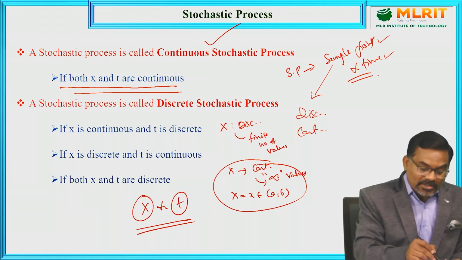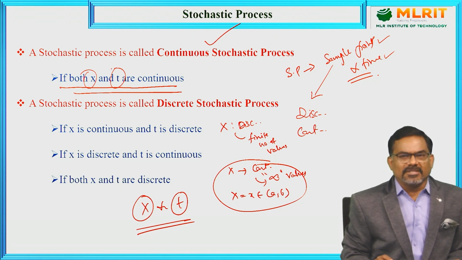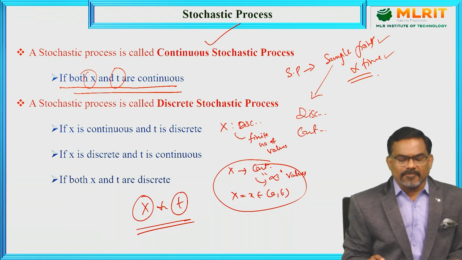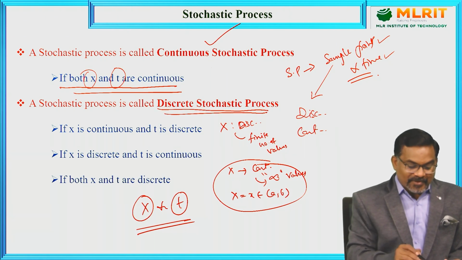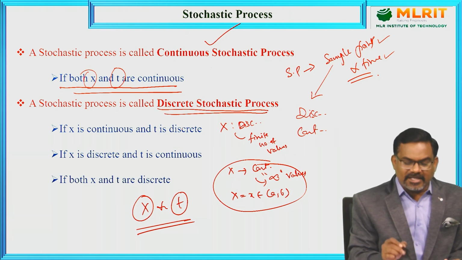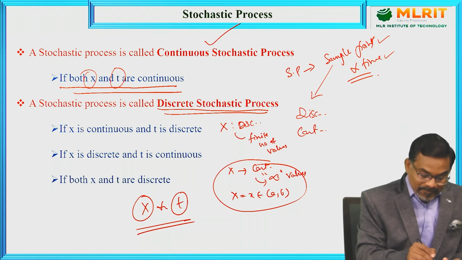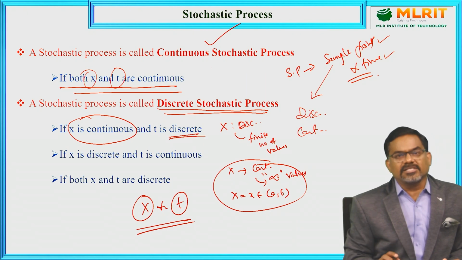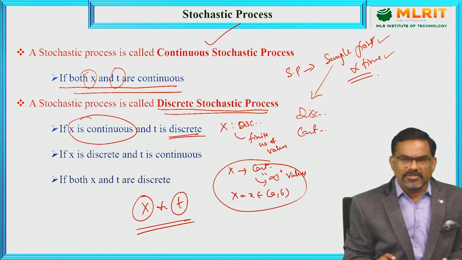So here both the sample point and the time t are continuous, then the process is said to be continuous stochastic process. Now coming to the discrete stochastic process, if x is continuous and t is discrete, you can clearly observe here, even though x is continuous, t is discrete. So therefore the process comes under discrete stochastic process.